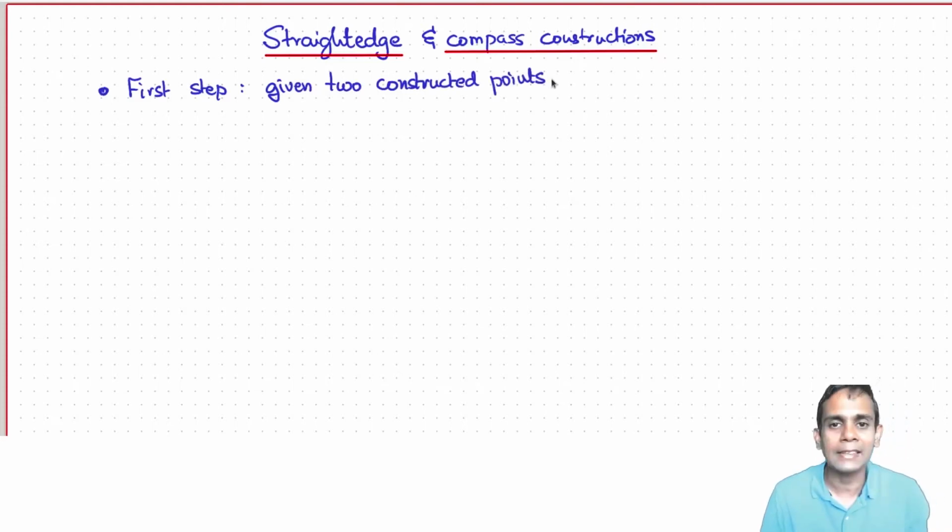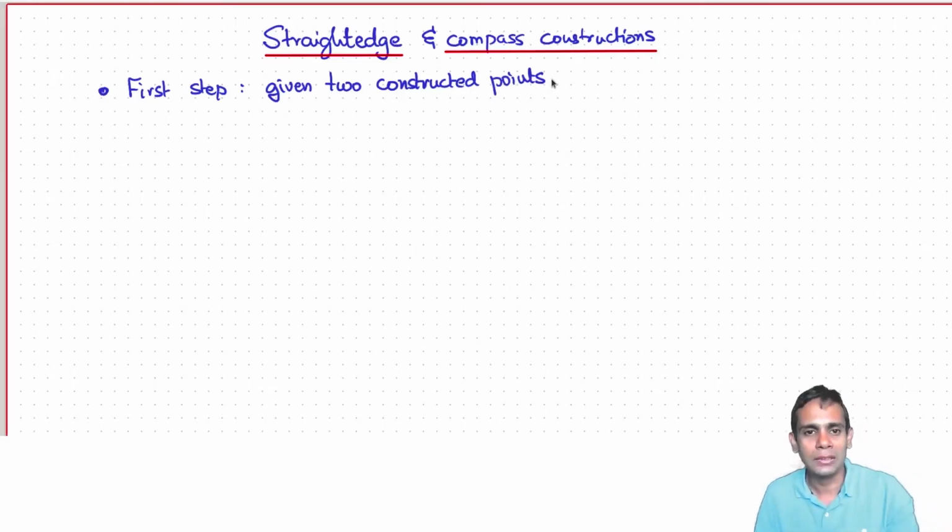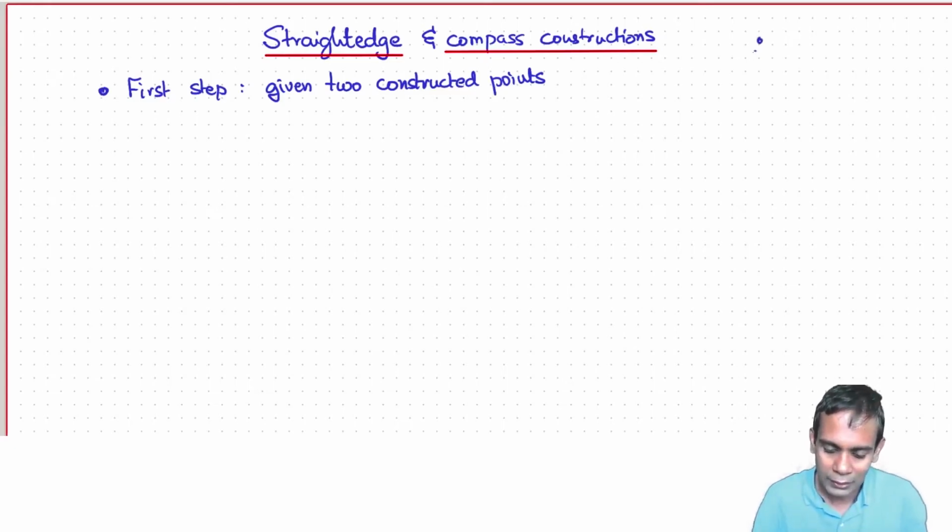So basically at each stage of a construction, you will have a set of objects that are constructed at that stage. And at each new stage, you will construct a new object according to certain rules. The first step, you're given 2 constructed points. These could just be 2 points, and usually we denote them by O and A. And the understanding is that the distance between these 2 points is 1 unit.